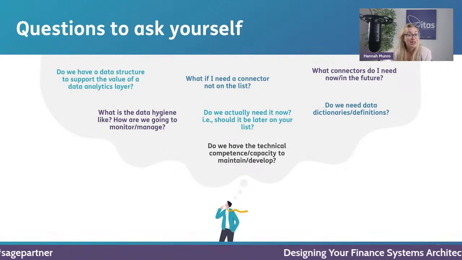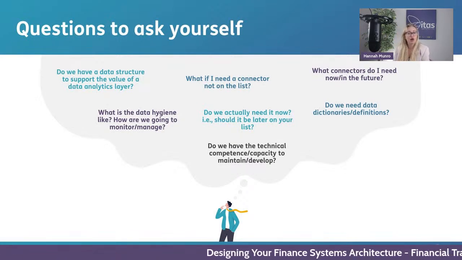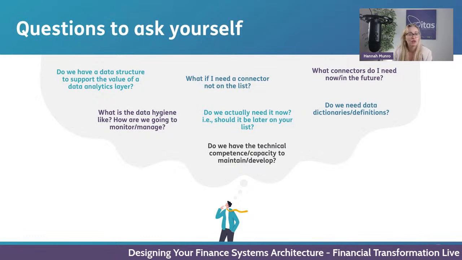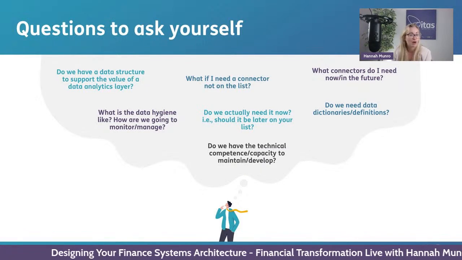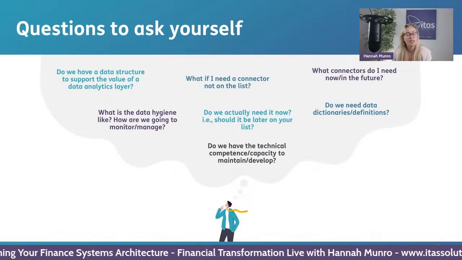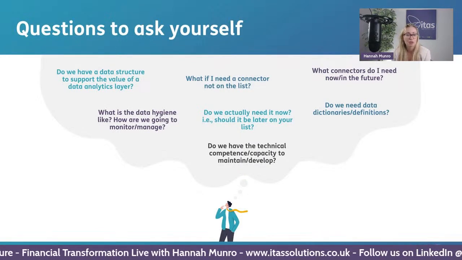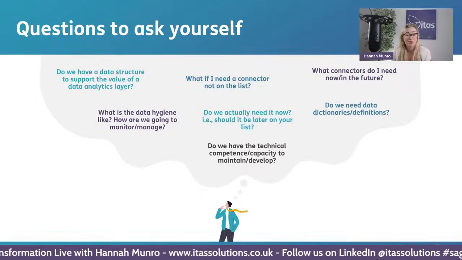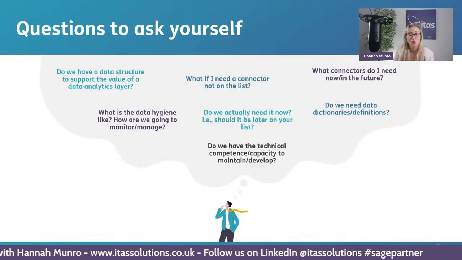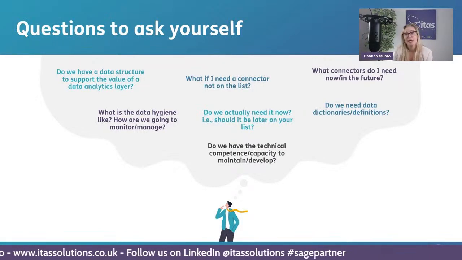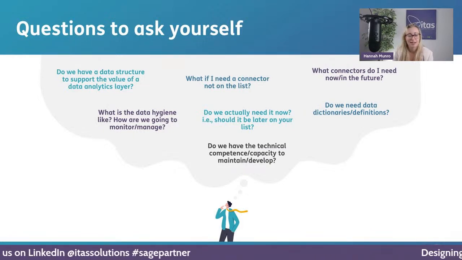Other questions you need to ask yourself. Maybe you've got a reasonable level of finance and data architecture, but you need to think about your data hygiene. What I mean by that is, if you're connecting the dots between two different systems, i.e. Salesforce, your CRM, and your finance system, do you have a consistent way to connect that data?